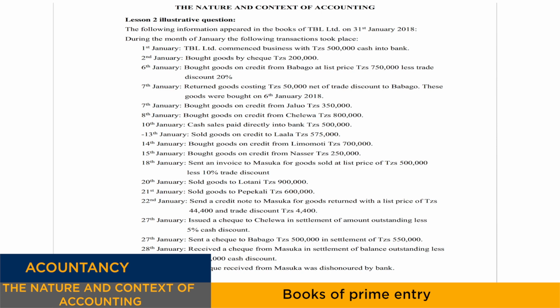7th January, the same day, bought goods on credit from Jaluo, Tanzania shillings 350,000. On 8th January, bought goods on credit from Chelewa, Tanzania shillings 800,000. On 10th January, cash sales paid direct into bank, Tanzania shillings 500,000.